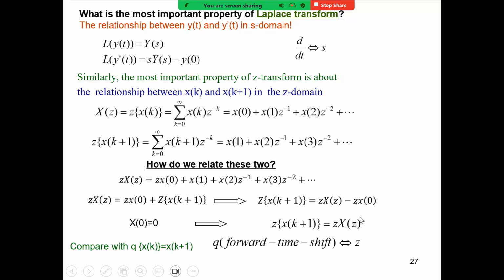If you have a z in the z domain applied to a signal, that corresponds to a forward shift operation in the time domain. Any questions?